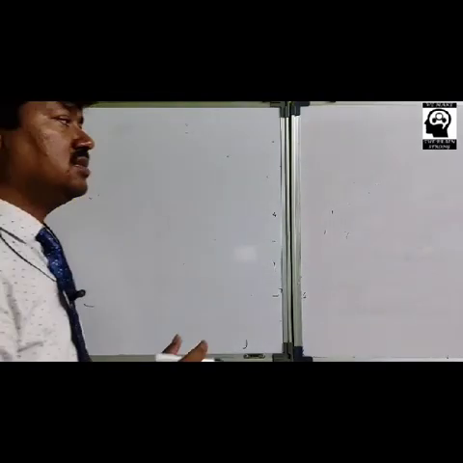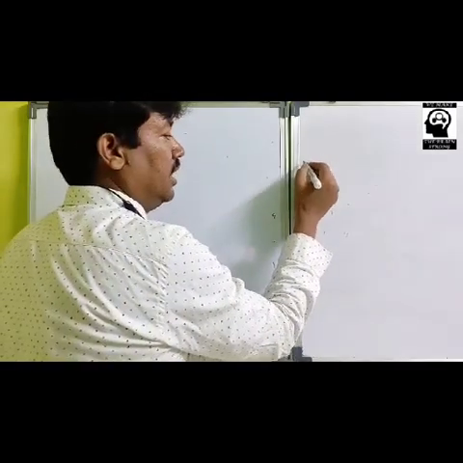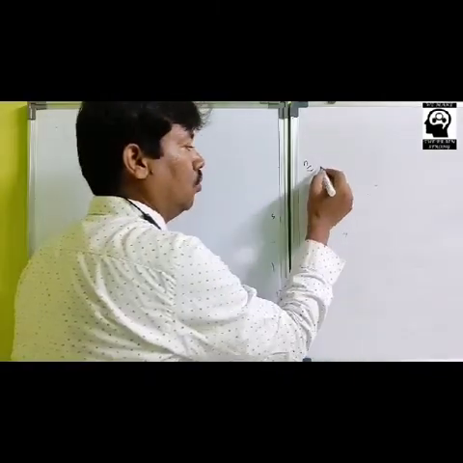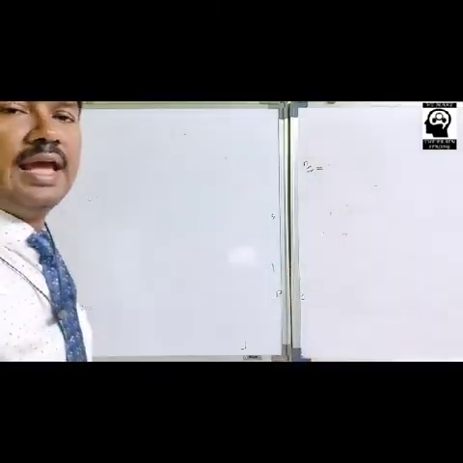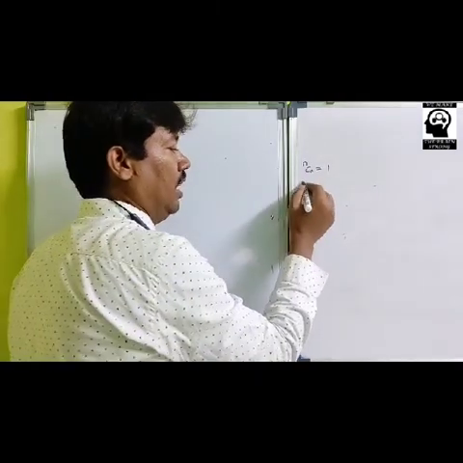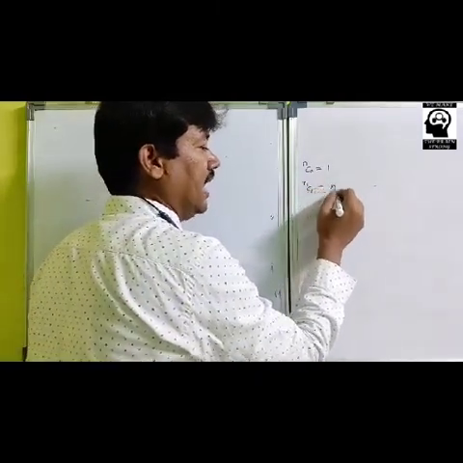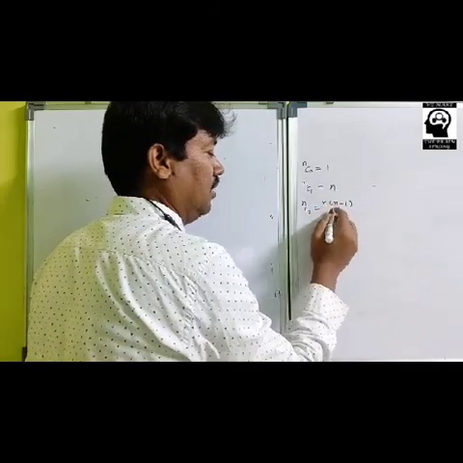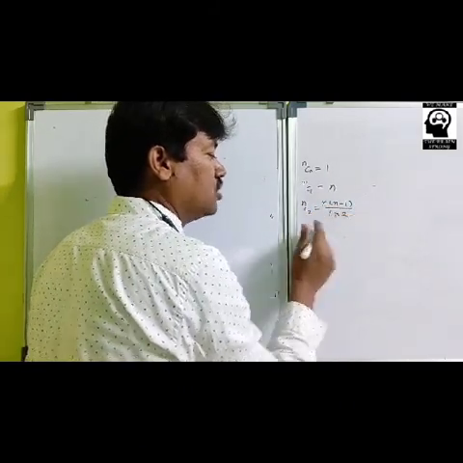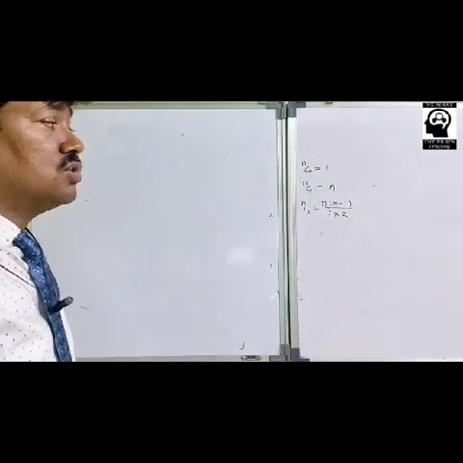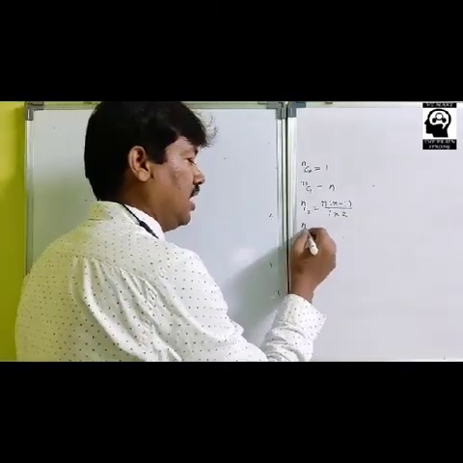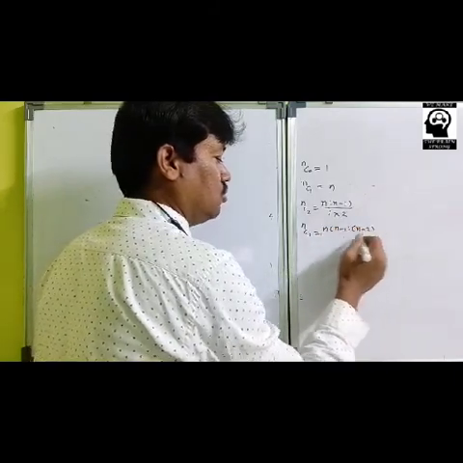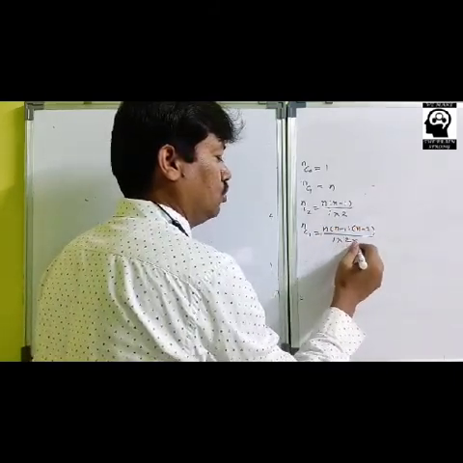Remember that nC0 is always equal to 1. nC1 is n. nC2 is n(n-1) upon 1 into 2, that is 2 factorial. Generalized, nC3 is n(n-1)(n-2) upon 1, 2, 3.